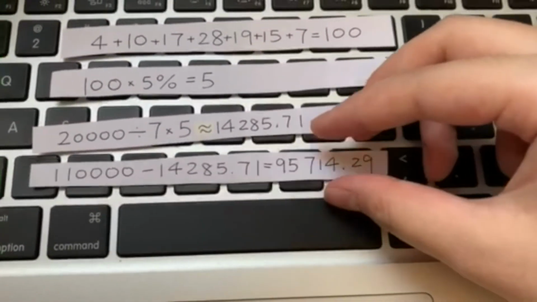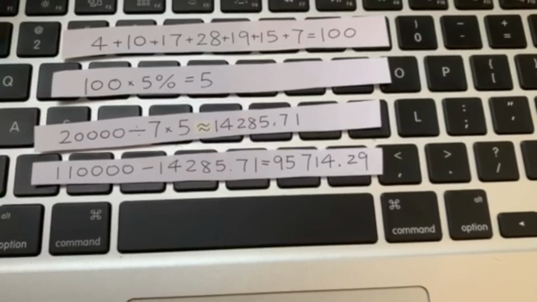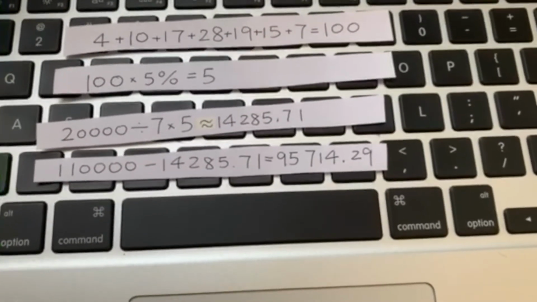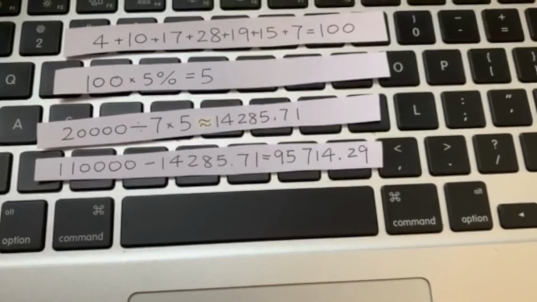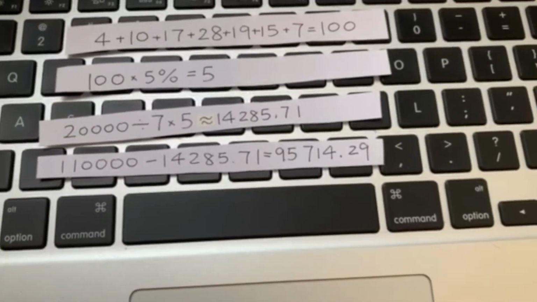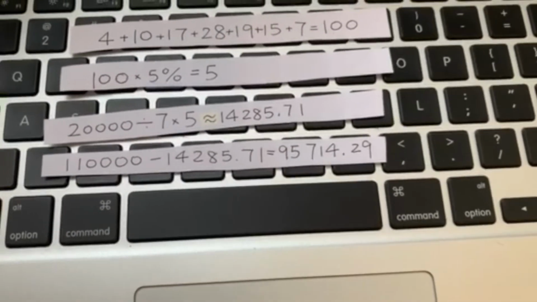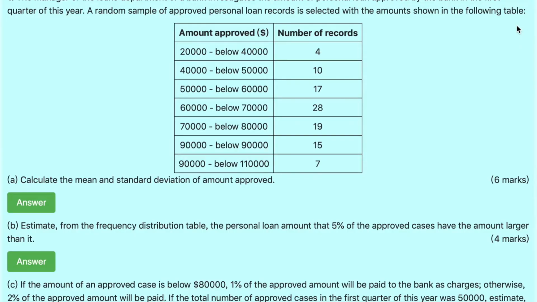After getting the answer, 40,285.71, just use the higher boundary 110,000 to minus it. Then you can get the answer. Finish!